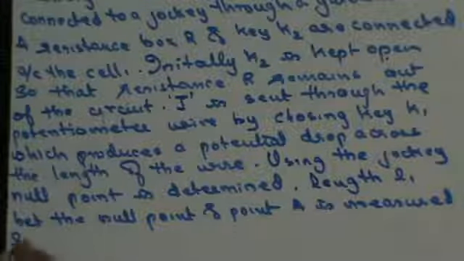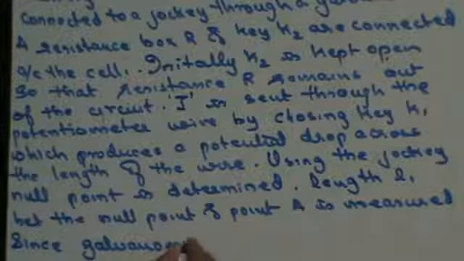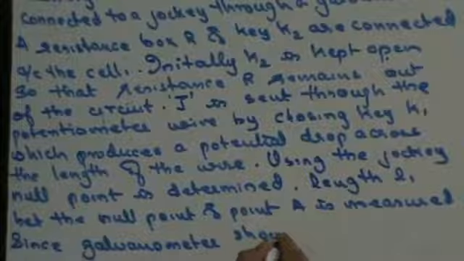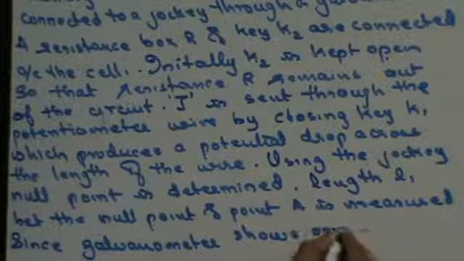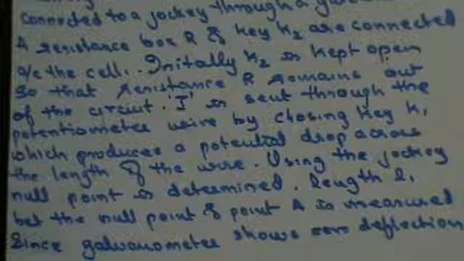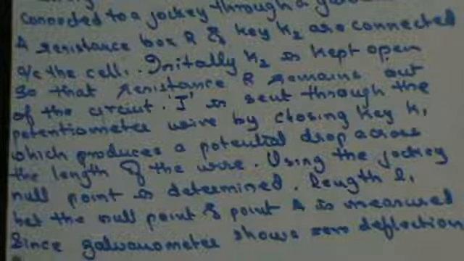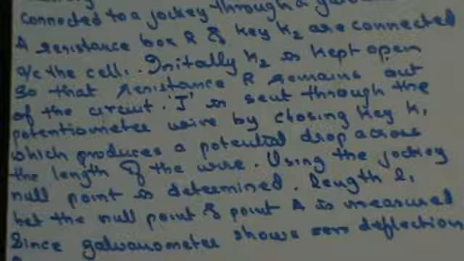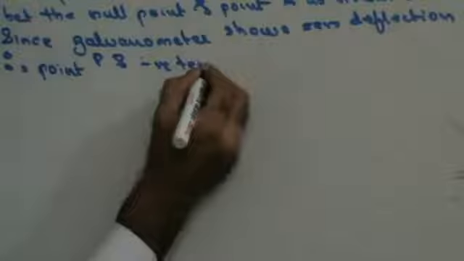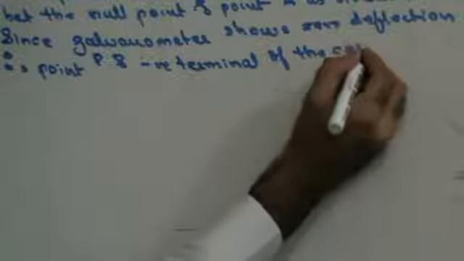Since the galvanometer shows zero deflection, I can say that point P and the negative terminal of the cell are at the same potential.